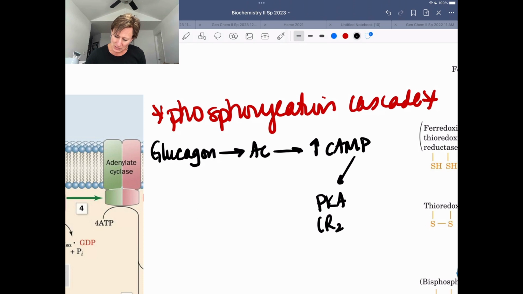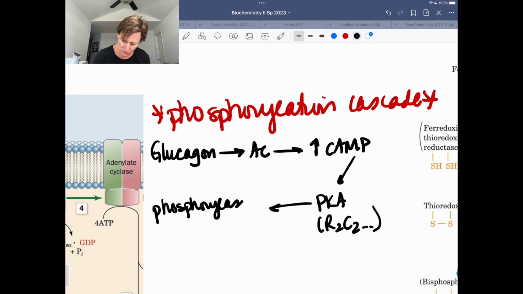Remember, PKA was that R2C2 enzyme. And if as I'm saying all of this, you're like, this is totally Greek to me, you want to make sure you go back and review that because this is one of those things that's important to think about long term. PKA is going to activate phosphorylase kinase.